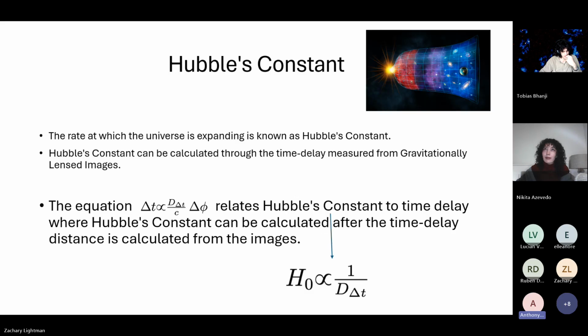Next slide, please. Finally, on my end, I researched Hubble's constant, which can actually be derived from the time delay I talked about earlier. Hubble's constant comes from Hubble's law, and it's the rate at which the universe is expanding. This constant can be calculated in many different ways, and one of these is from the time delay measured from gravitationally lensed images.